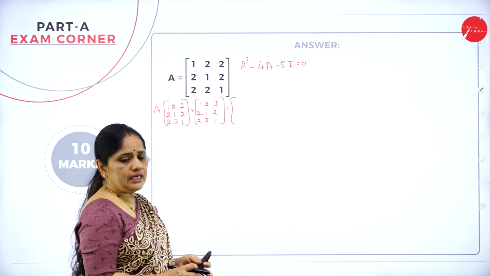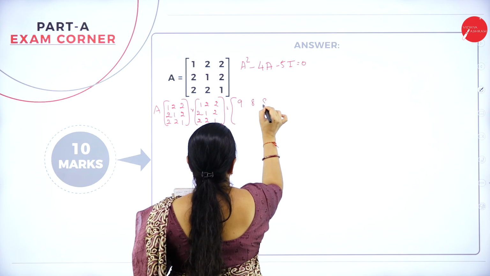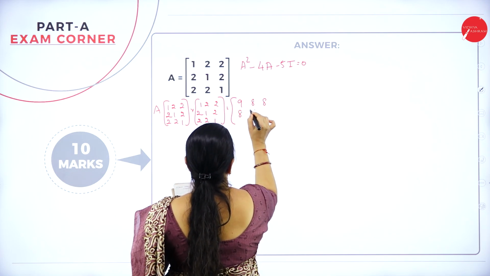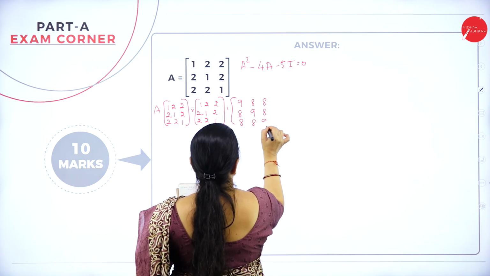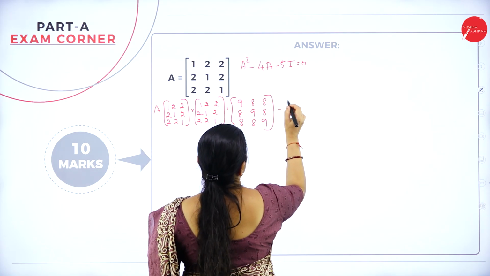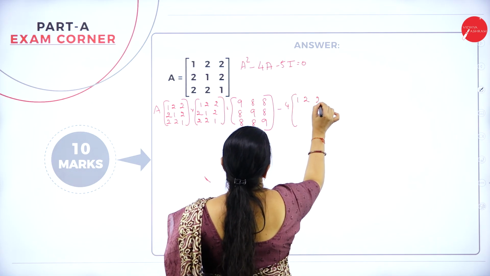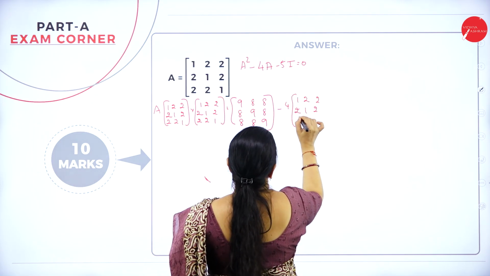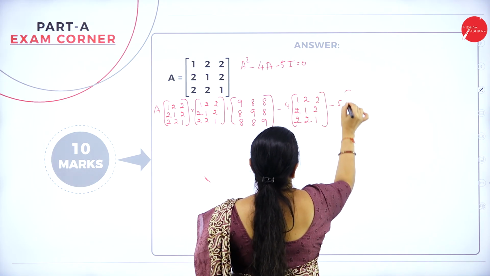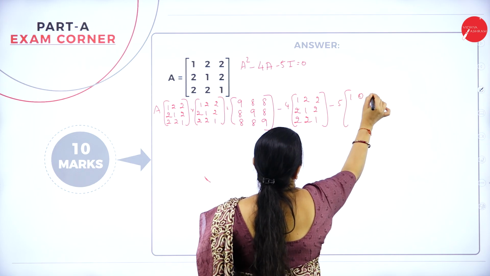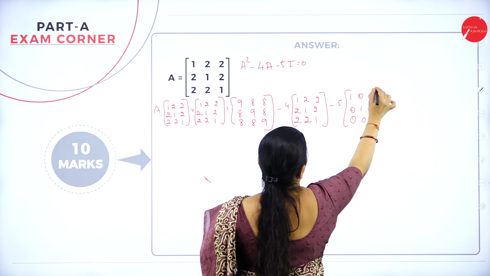So when we multiply this, we get 9 8 8 8 9 8 8 8 9 minus 4 into 1 2 2 2 1 2 2 2 1 minus 5 into 1 0 0 0 1 0 0 0 1.